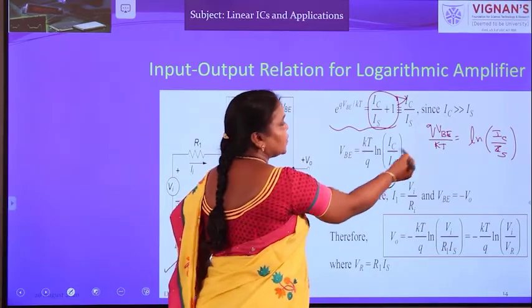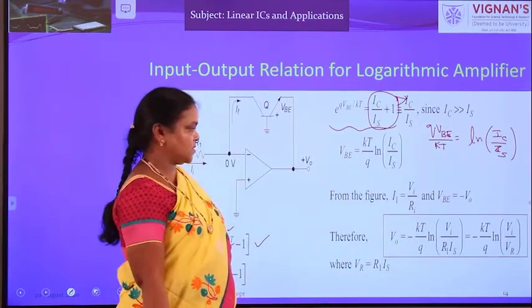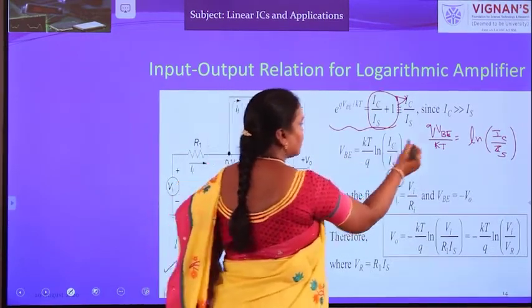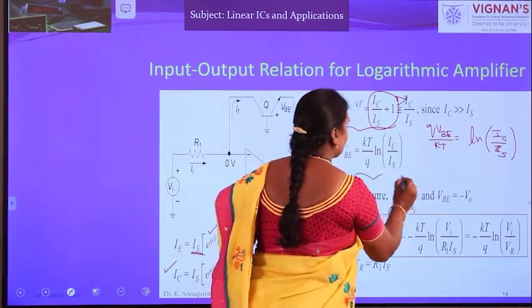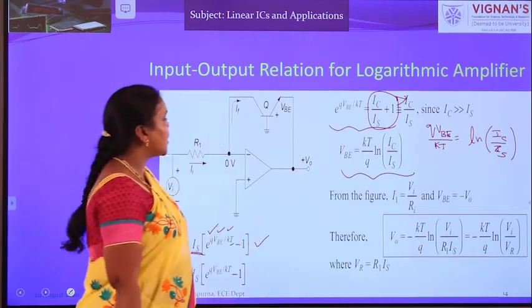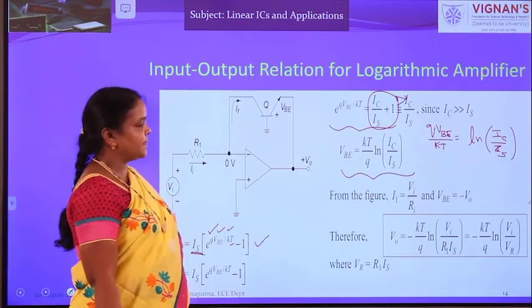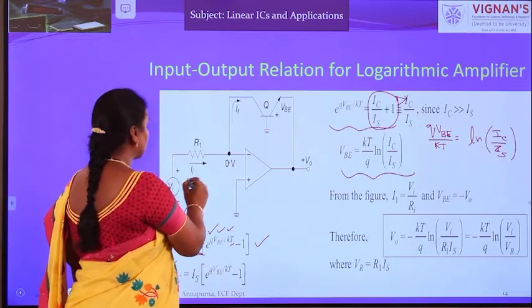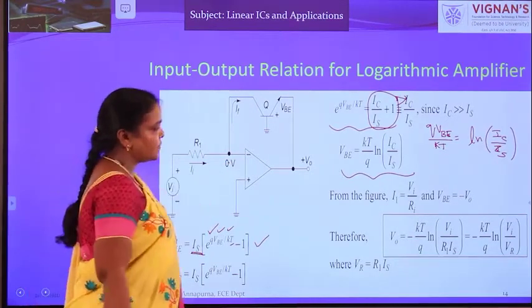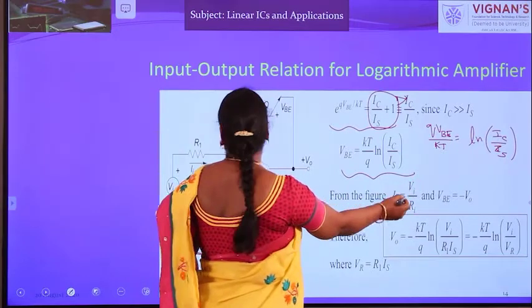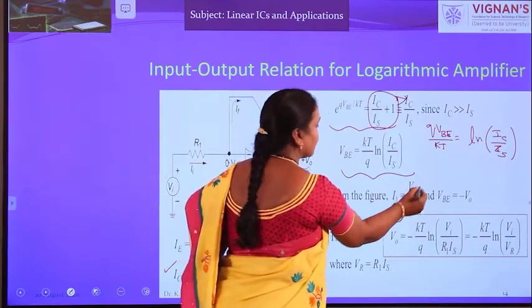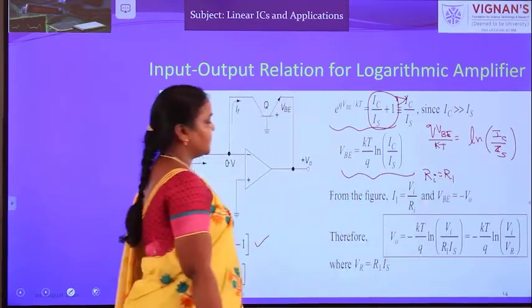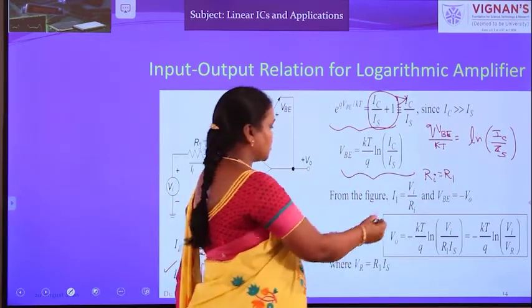VBE is kT by q into ln of IC by IS, right? Now from this you got this relation. Now what is the input current? Here it is 0 volts, so it is VI by R1, or RI. Here RI is equal to R1.